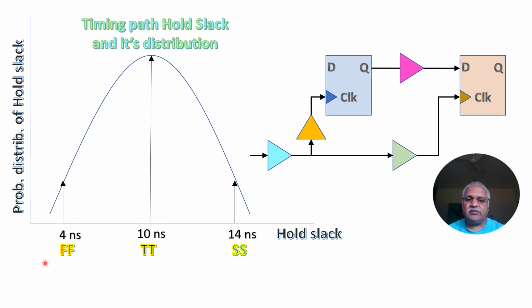In the fast global corner the value is say 4 nanosecond, and in the slow global corner, say 14 nanosecond. So the slow global corner will shift somewhere here, and the fast global corner somewhere here. Grossly we can think this is a normal, Gaussian distribution, which means the shift is symmetrical.